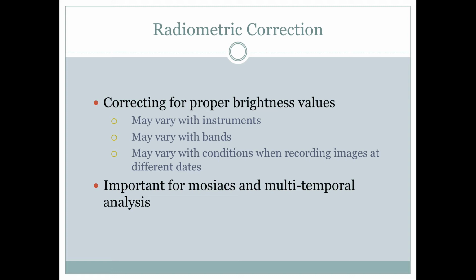So the times that we might want to work with these images together is either for creating mosaics, where we're putting a bunch of imagery together into one continuous image, or we might want to do some sort of multi-temporal analysis where, for example, the same area was imaged 2 years in a row, and we want the brightness values to be as similar as possible in order to do as good of an analysis as we can.